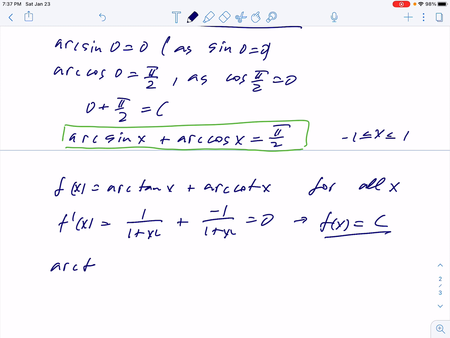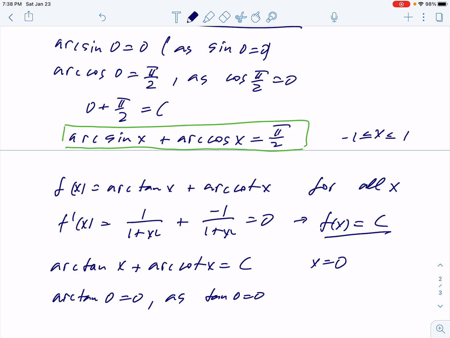Let's write this. Arc tangent x plus arc cotangent x equals c for every x. And again, let's take x to be 0. Arctangent 0 equals 0 because tangent 0 equals 0.